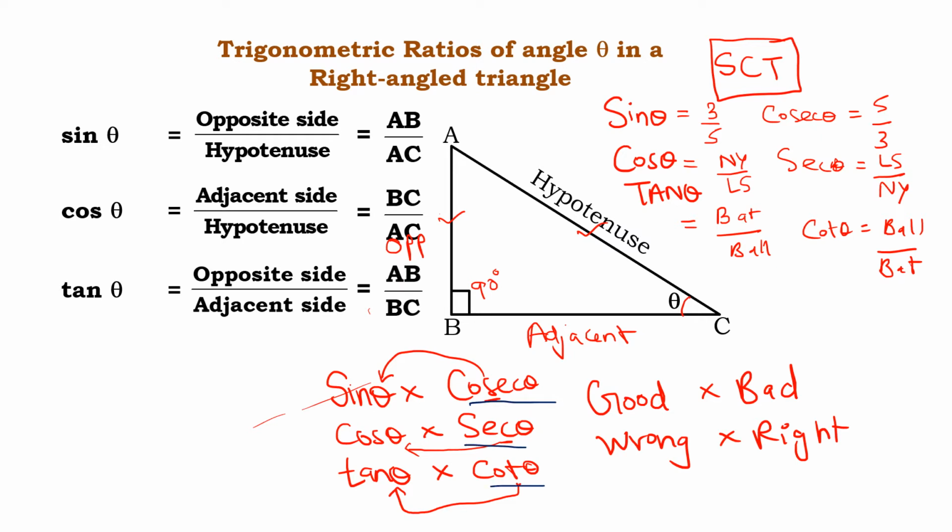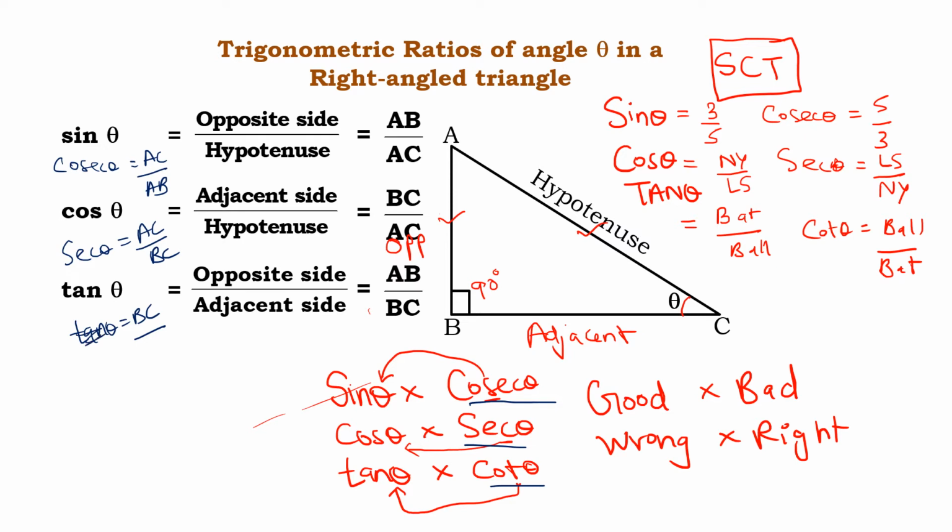As we can see, if sine theta is AB upon AC, then cosec theta will be AC upon AB. Cos theta is BC upon AC, so sec theta is AC upon BC. And tan theta is AB upon BC, so cot theta is BC upon AB.